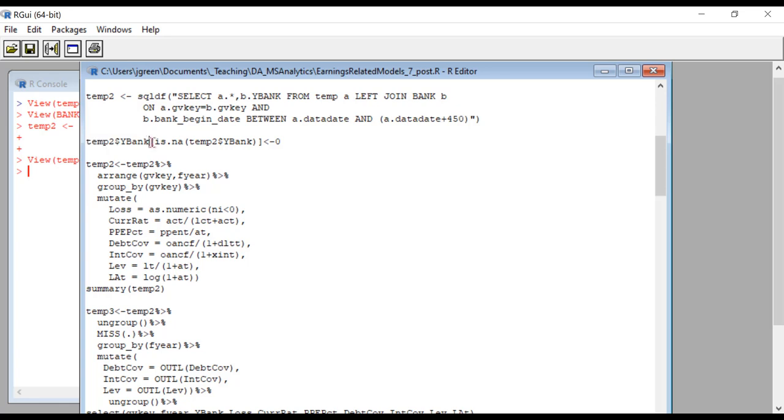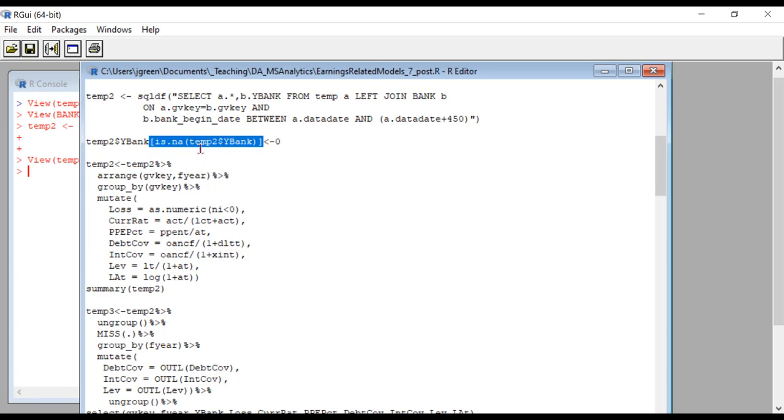And looking at this, the square brackets say wherever these conditions are met in this column over here. So this is for rows that meet these conditions. The condition we're going to look at is missing. So is.na means it has an NA value in that row.